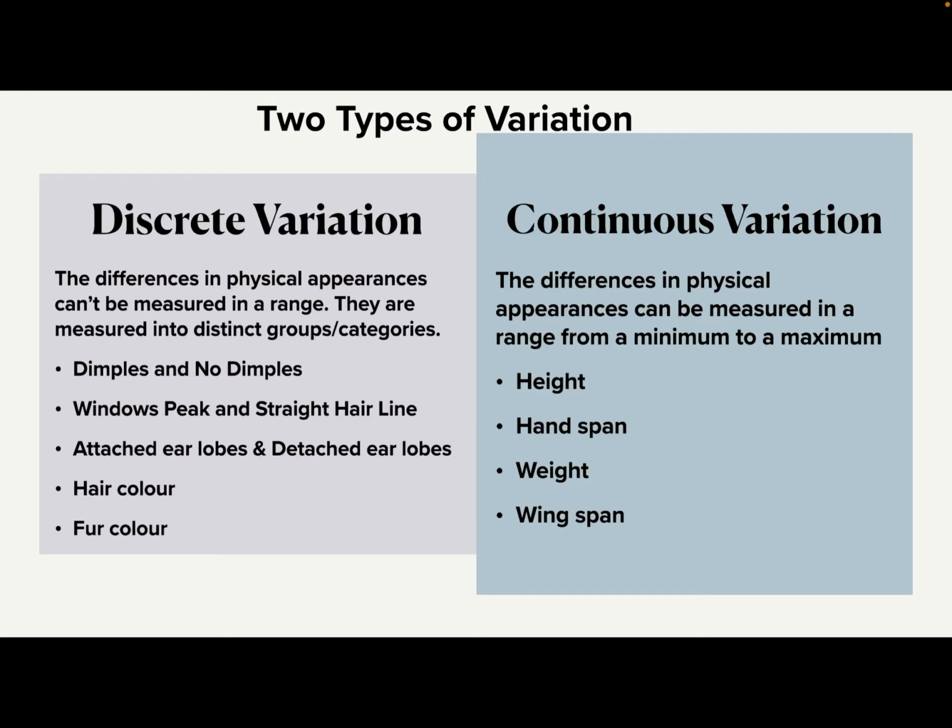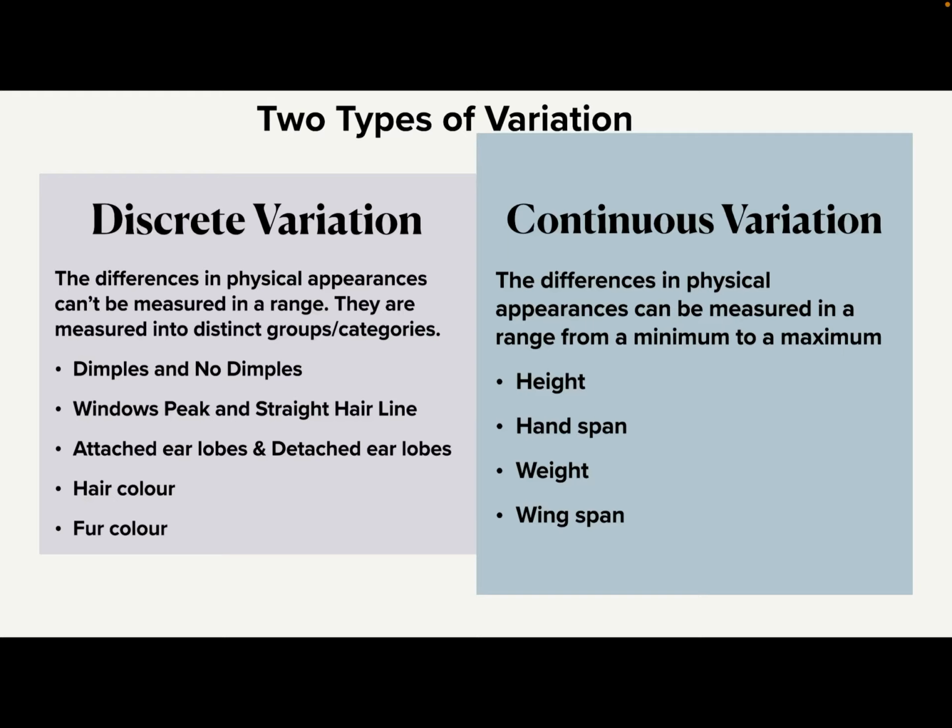The hand span, so when you open up your fingers, from the tip of your pinky to the tip of your thumb, that will vary from person to person, but there'll be a minimum and a maximum range. Similar with weight, you can have very light humans and even obese, overweight humans, but there's still a measurable range. And if you think about birds, there'll be different wingspans.